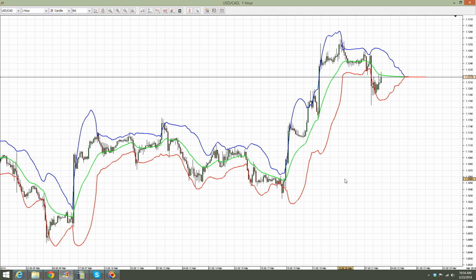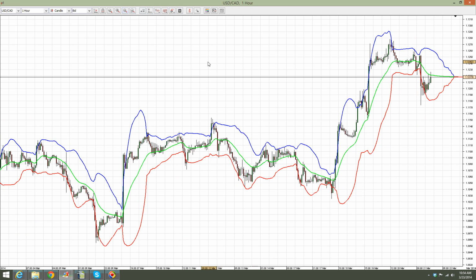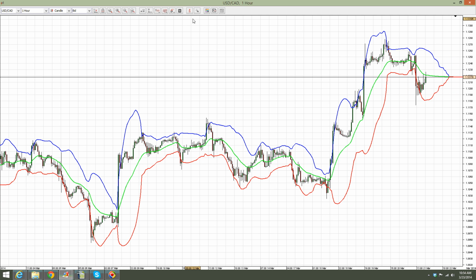And like I said a bit earlier, we are looking at the upper Bollinger Band, the middle Bollinger Band, and the lower Bollinger Band. So let's write here on the screen for you to know. This is the US dollar Canadian dollar 1 hour chart, remember? Let's make it a bit bigger, something like this.